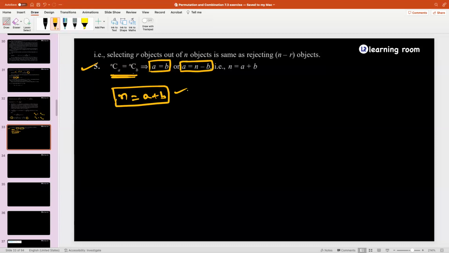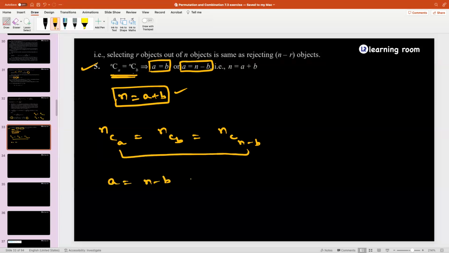So here, try to understand, when I say nCa is equal to nCb, remember, nCb can also be written as nC(n minus b) according to the previous property. So when that is the case, I can equate a is equal to n minus b, which implies a plus b is equal to n.